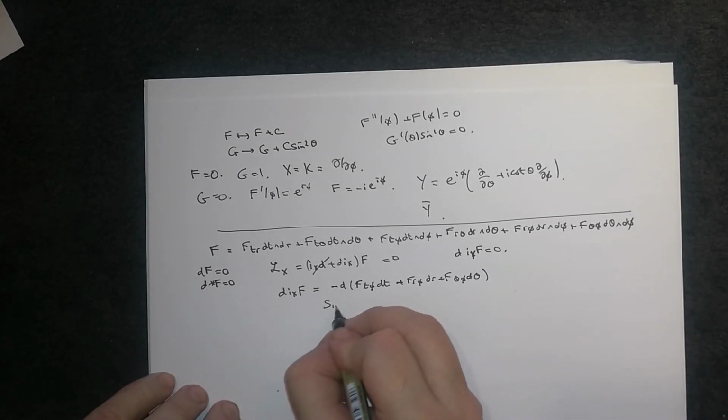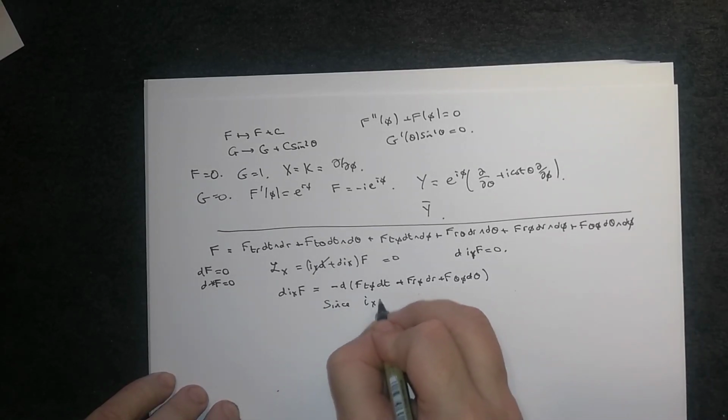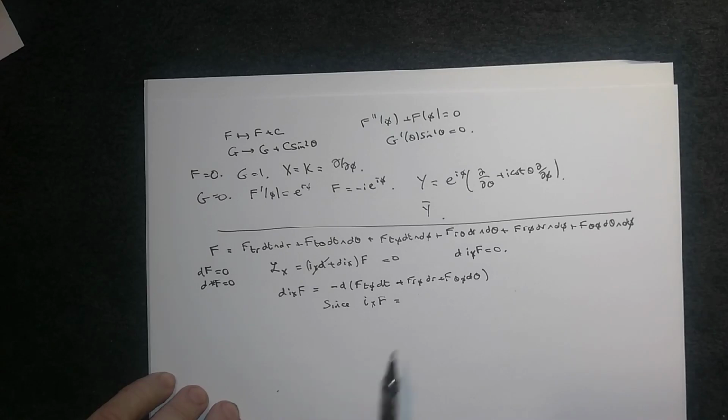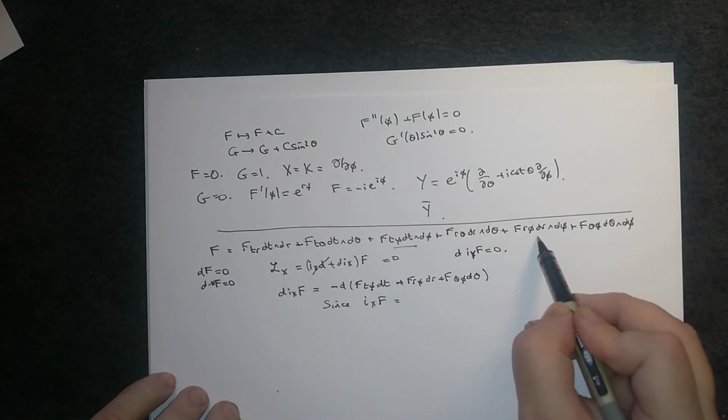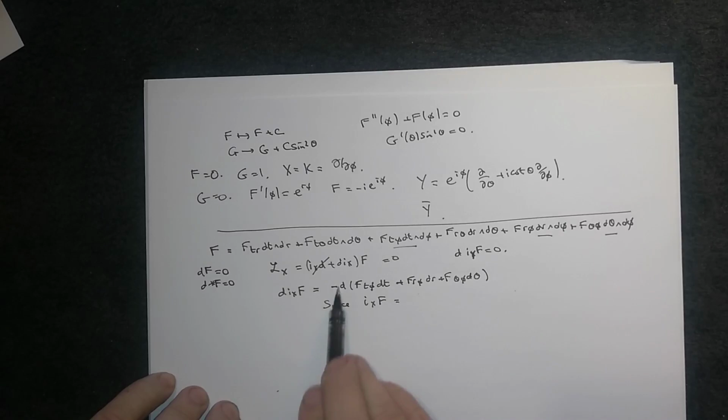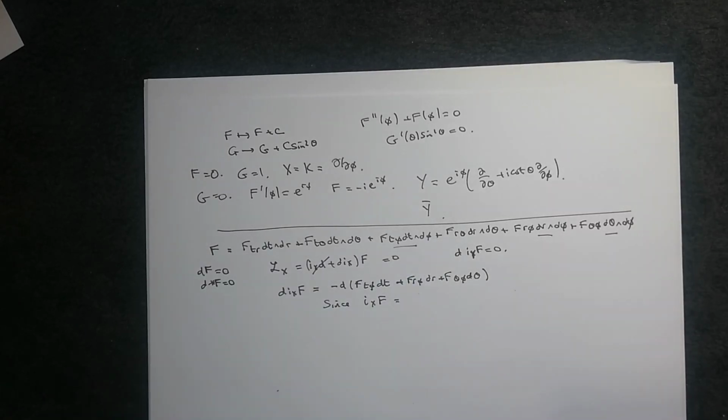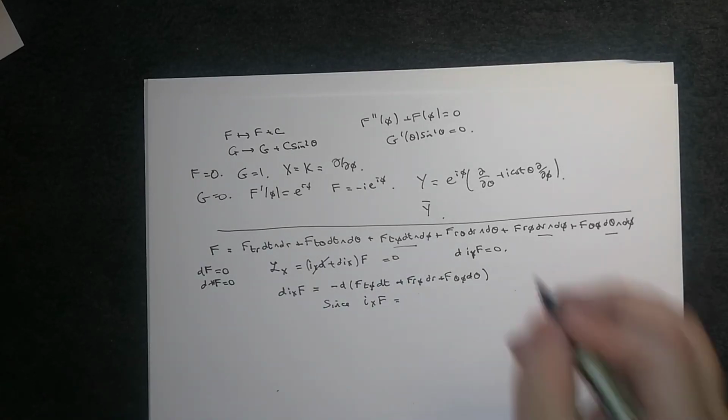Since i_x F, of course, is just given by pulling out the theta terms from here, here, and here, and the minus sign because it's in the second variable. So that's 0.